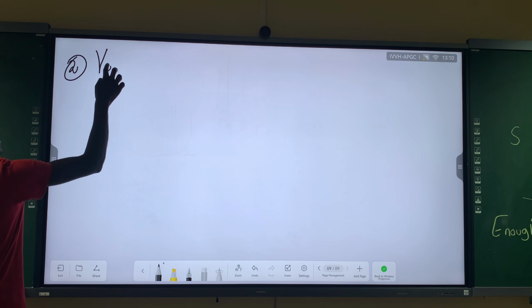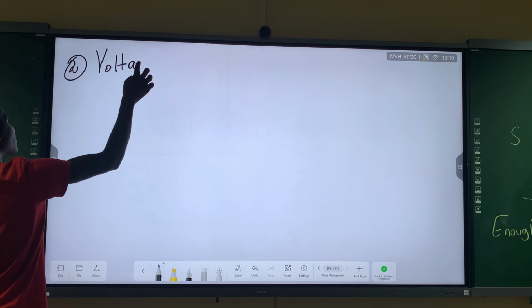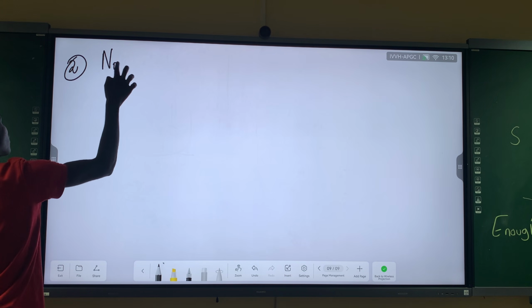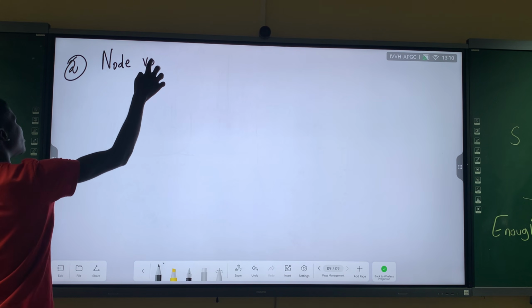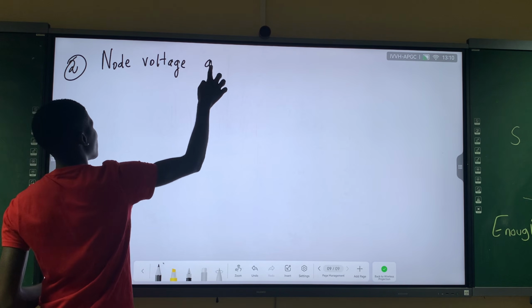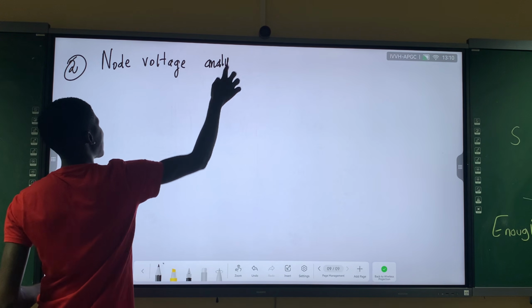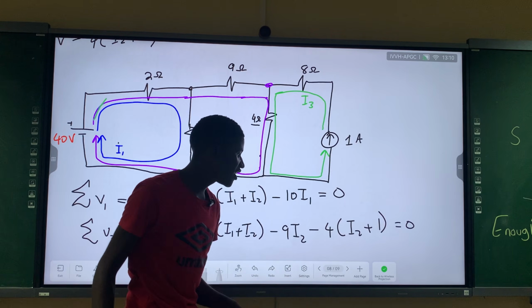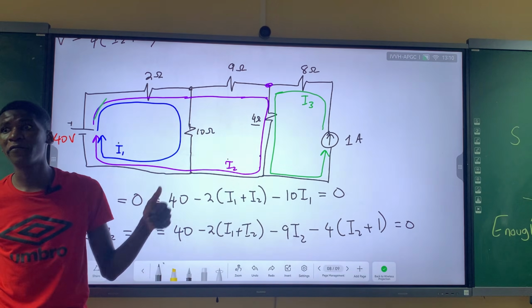Number 2, the second application that we have is node voltage analysis. I should say the loop current method uses Kirchhoff's voltage law.